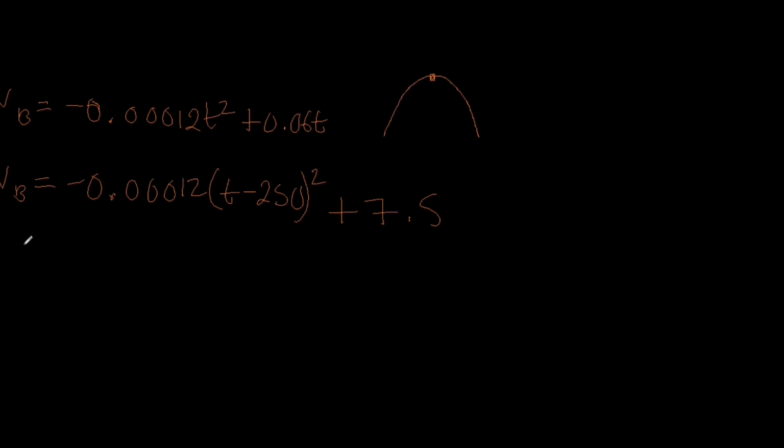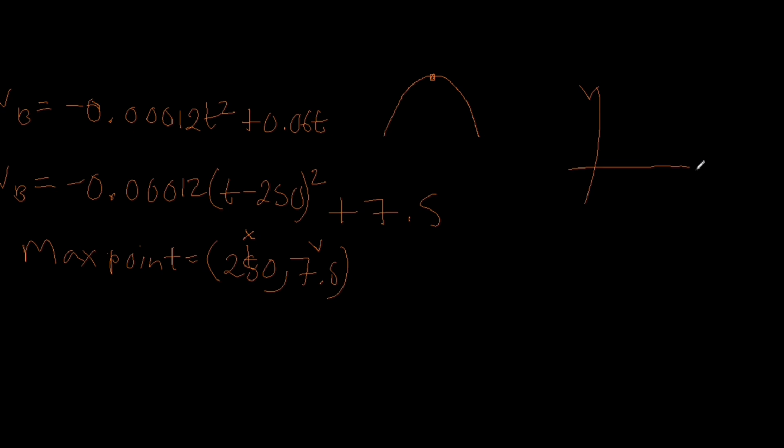So I know therefore that my maximum point is going to be (250, 7.5), where this 250 here is my time, and this 7.5 here is my velocity. Because like I said, I'm plotting a graph of velocity against time, and I'm going to get a parabola.